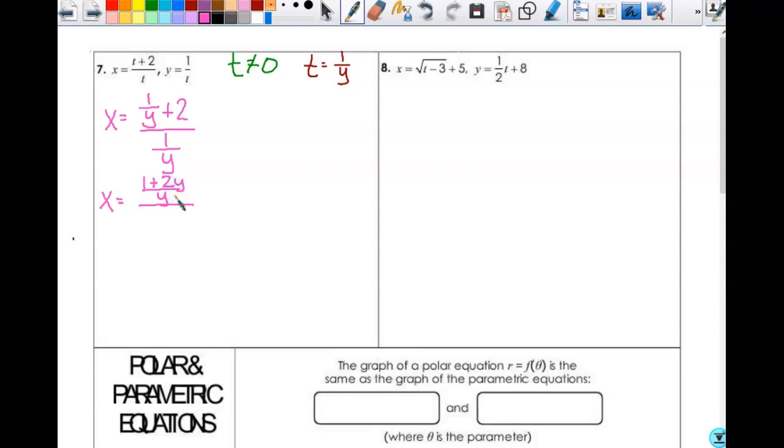In the denominator, I still have 1/y. I have a fraction and a fraction, so I'm going to multiply by the reciprocal of the denominator. So I get (1 plus 2y) over y times y over 1. Those cancel out. x equals 1 plus 2y.